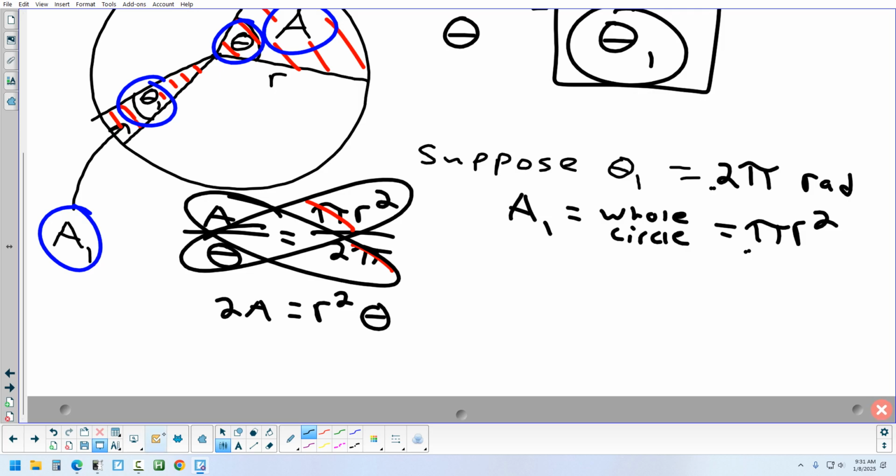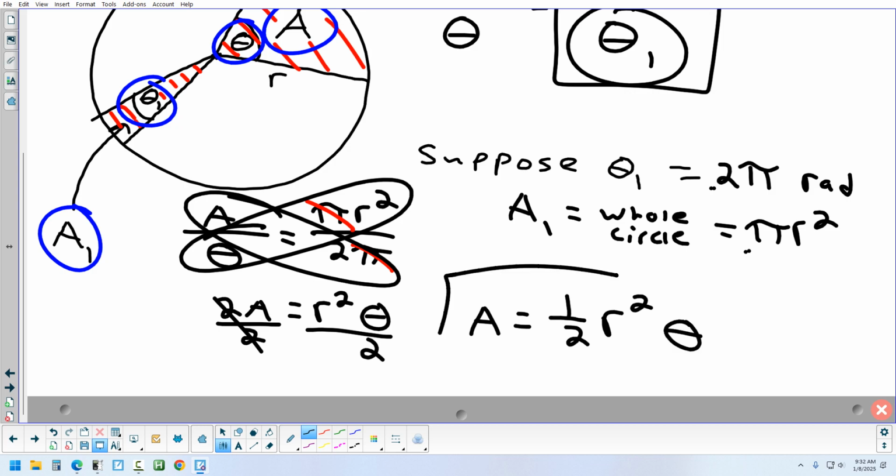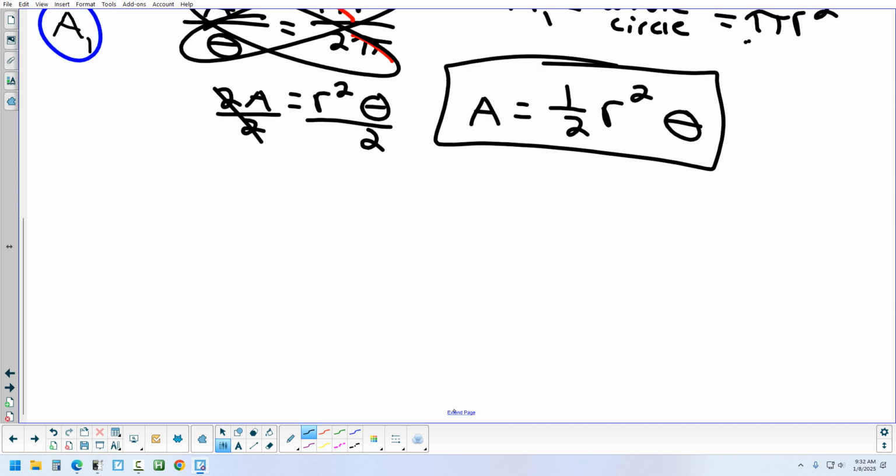How could we get a formula for just the area, not double area? Divide each side by 2. The way you're usually going to see it in the book, instead of dividing by 2, they say take half. That's the same thing. So the area is 1/2 r squared theta. That's the area of a sector.